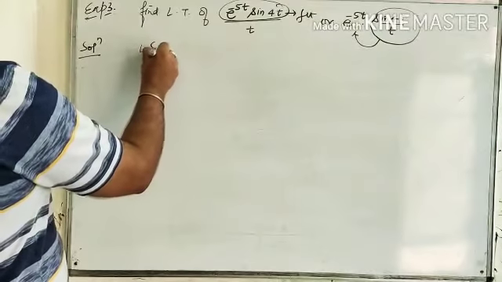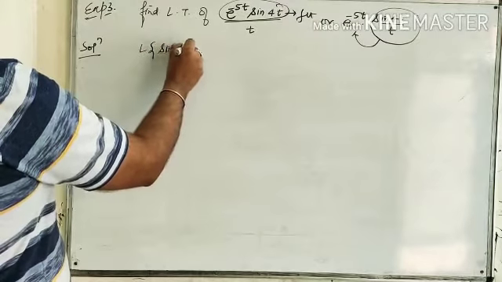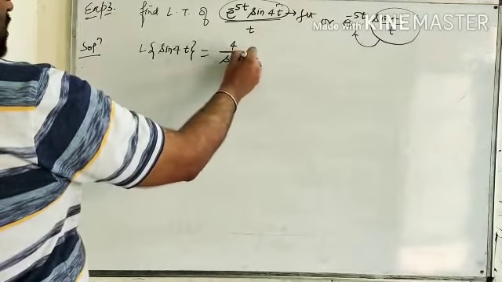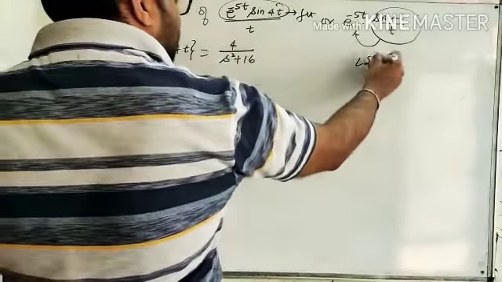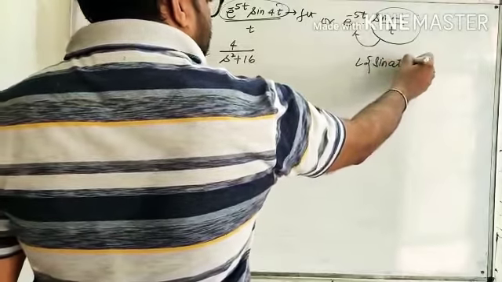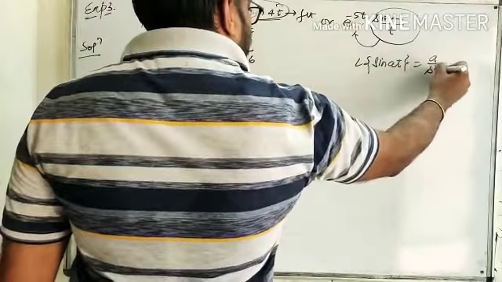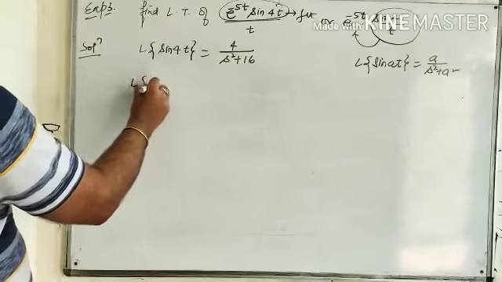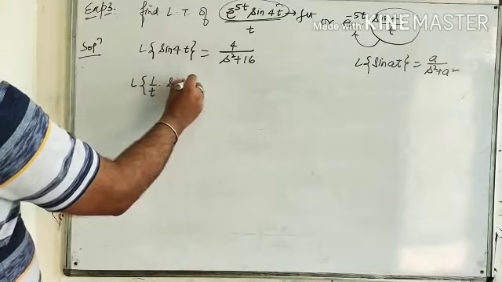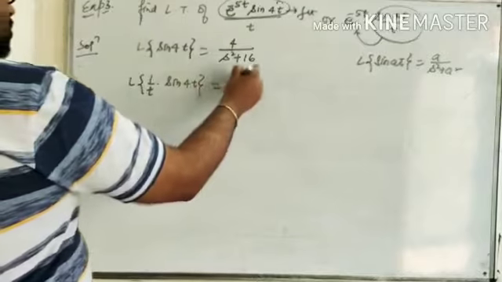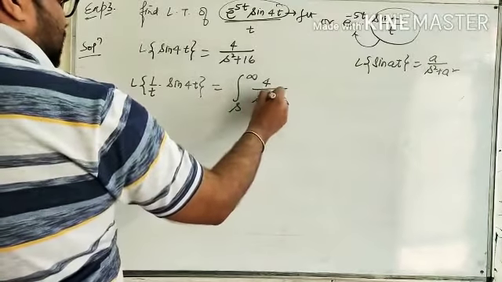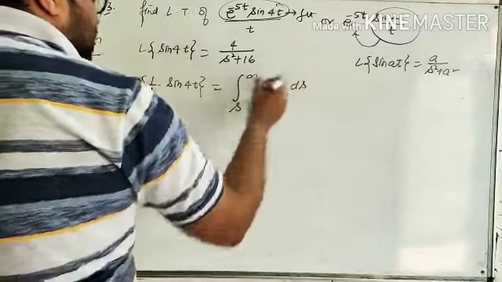So Laplace of sin 4t is equal to 4 upon s square plus 16, because Laplace of sin at is equal to a upon s square plus a square. Now Laplace of 1 upon t into sin 4t is equal to the integral from s to infinity of 4 upon s square plus 16 ds.